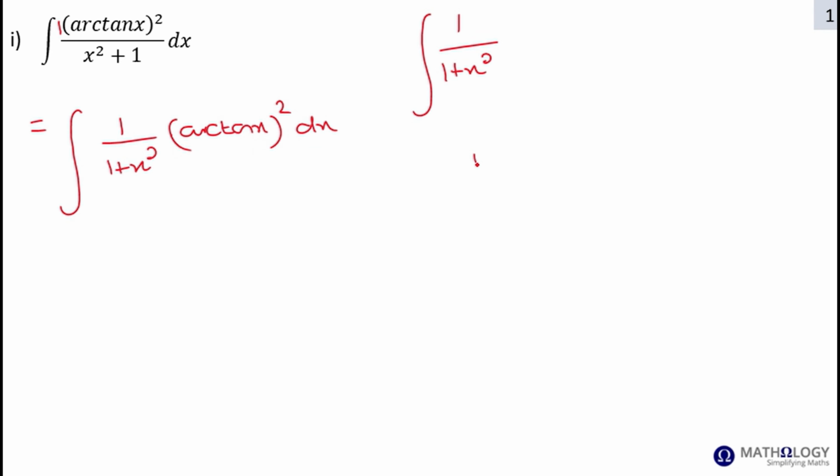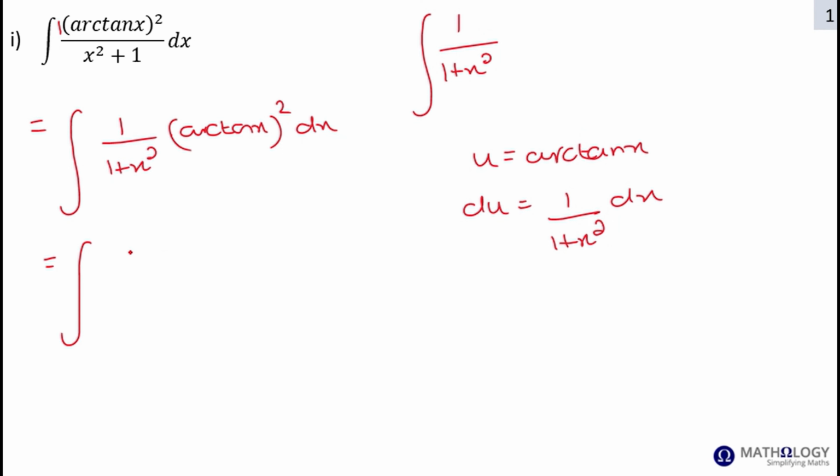So if we let u equal arctan x, then du, the derivative of arctan x, is 1 over 1 plus x squared, and that'll be dx. If the integral of 1 over 1 plus x squared is arctan x, then the derivative of arctan x is 1 over 1 plus x squared.